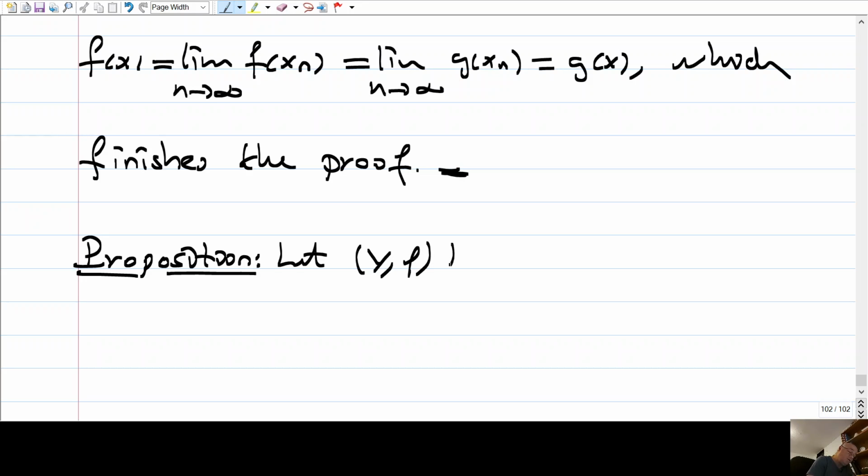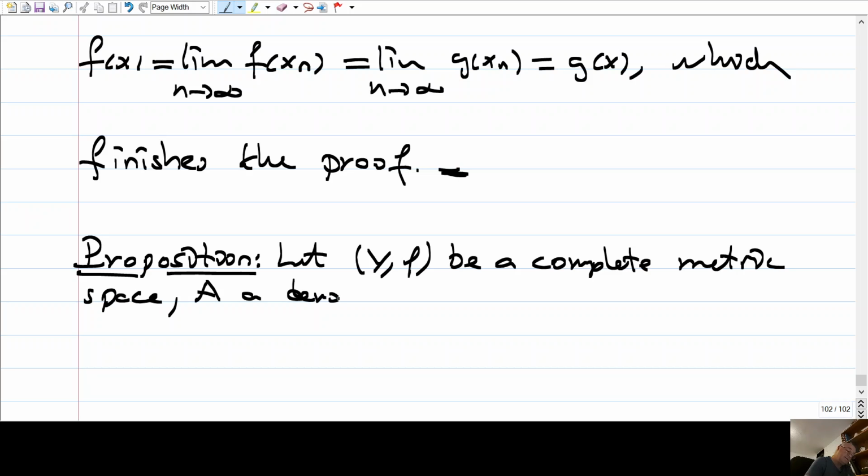Let Y, rho be a complete metric space. A is a dense subset in X and f0 from A to Y. So X is another metric space.